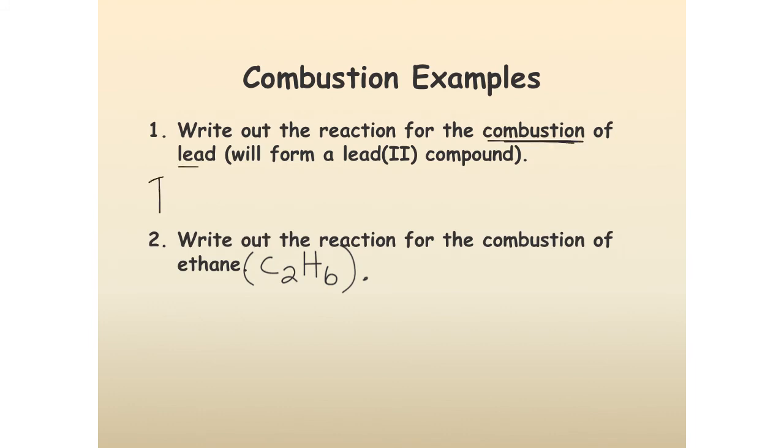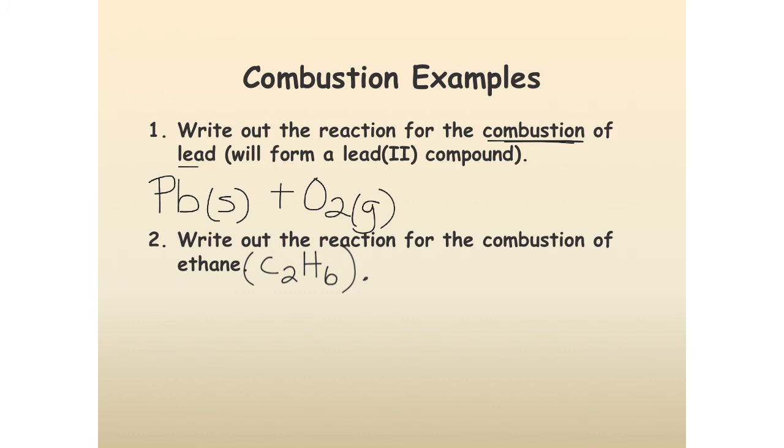So we know that lead is Pb because we memorized our elements. We know if it's combustion, it's reacting with oxygen gas. Now, organic combustion produces carbon dioxide and water. But lead is obviously not organic. It is not carbon-based. We also can't produce carbon dioxide or water because we don't have the correct elements.